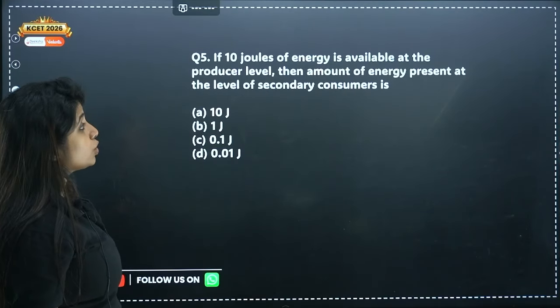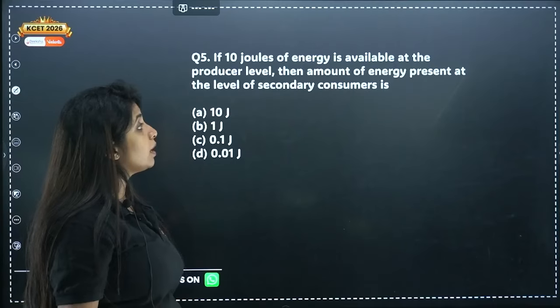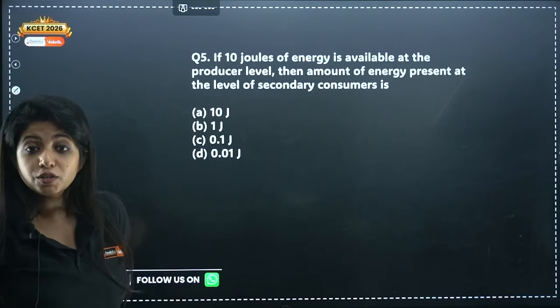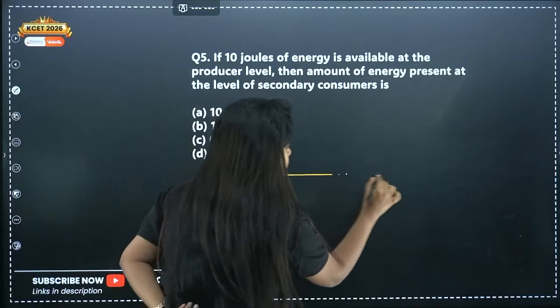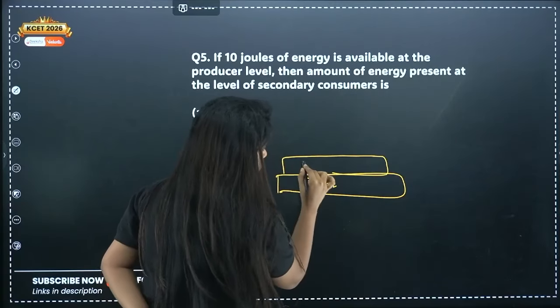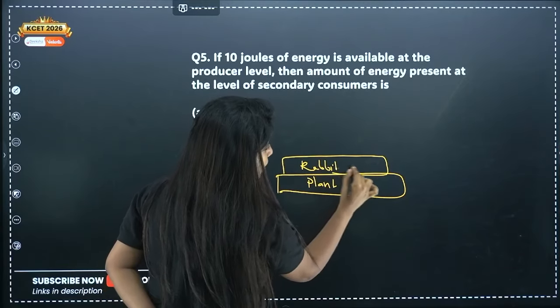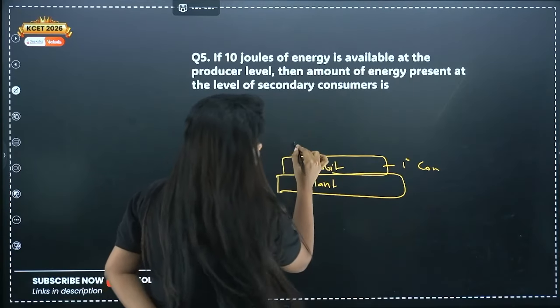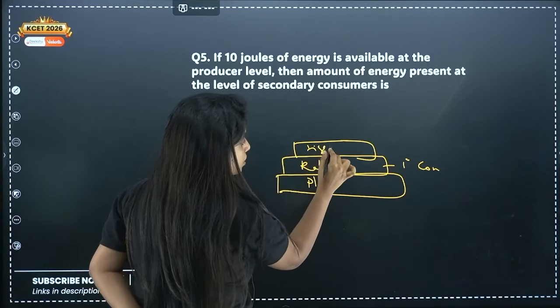Next. If 10 joules of energy is available at the producer level, then the amount of energy present at the level of secondary consumers is. So you have a producer out here, that is the plant. Now the plant is eaten up by a rabbit. This is the primary consumer, right? The secondary consumer is the next organism, suppose it's a tiger.